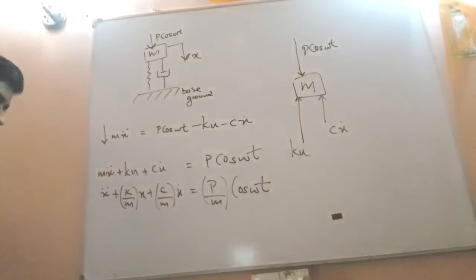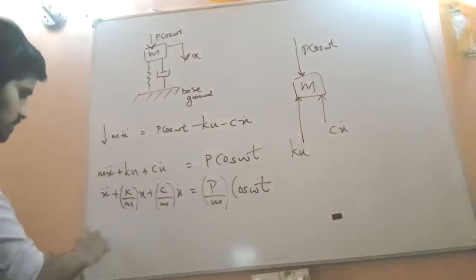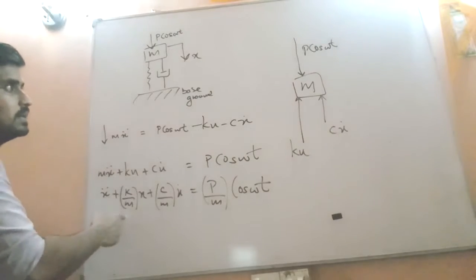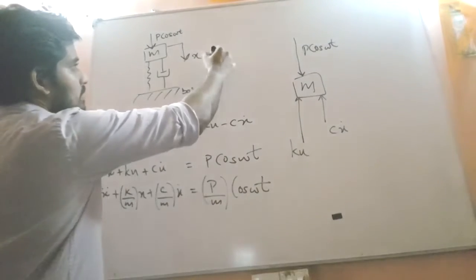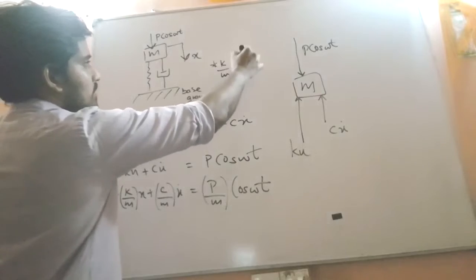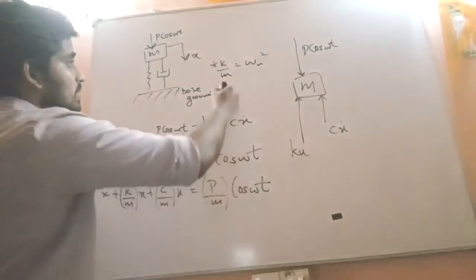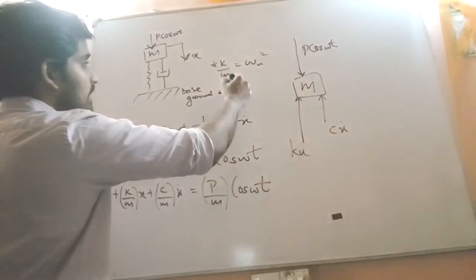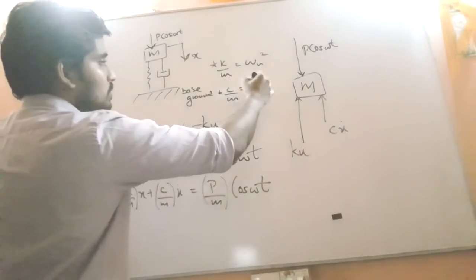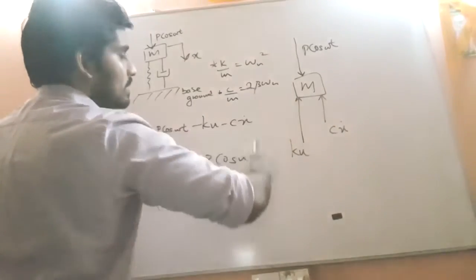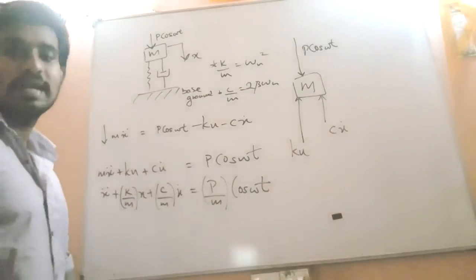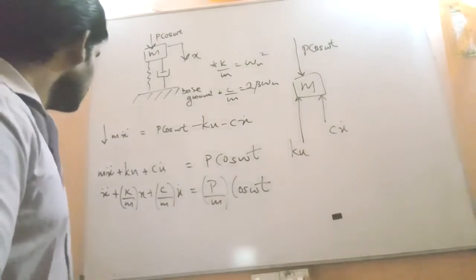So now you know k divided by m equals omega n squared, right? Those are fundamentals. Then c divided by m equals 2 beta omega n, where beta is the damping ratio, right?